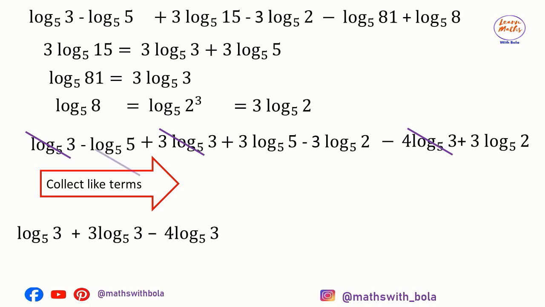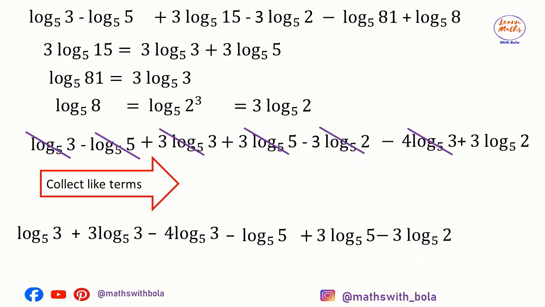The next one here is log 5, so let's cross out the ones we write. So we have minus log 5, then plus 3 log 5, any log 5, no. So we start with log 2, so I have minus 3 log 2 plus 3 log 2.